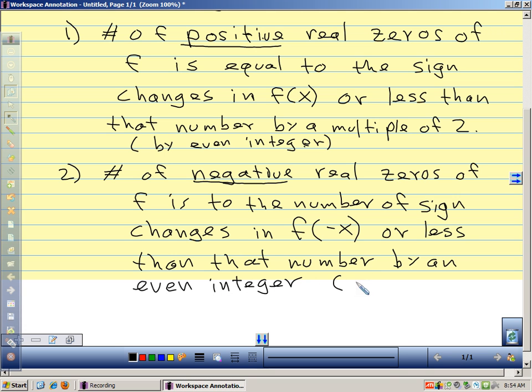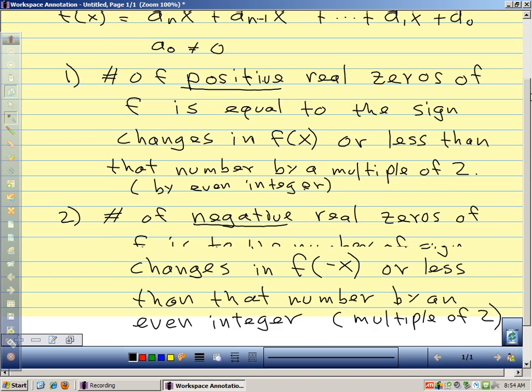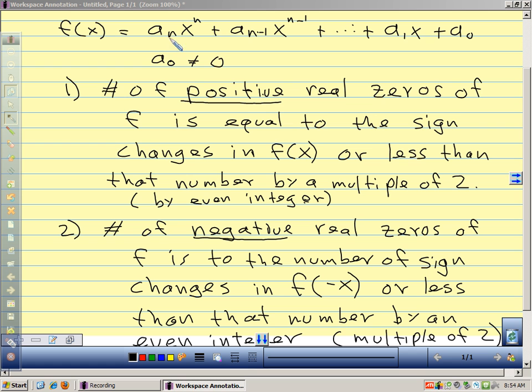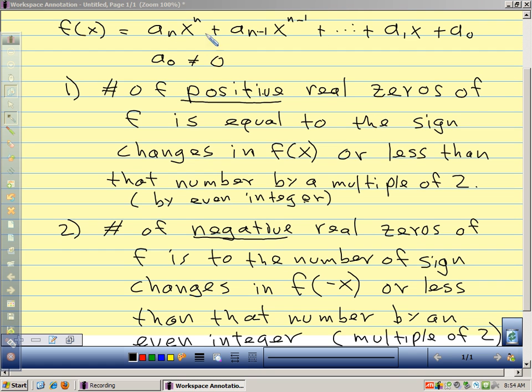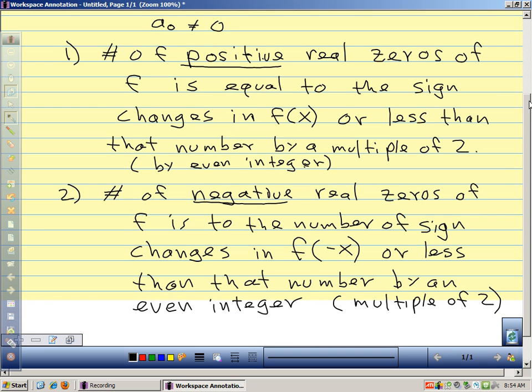Another way of saying this, we could say a multiple of 2. And sign change just means that consecutive terms here have the opposite sign. That's what we mean by a sign change.